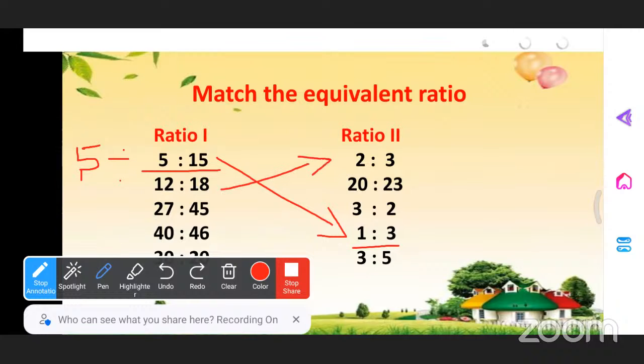Yes, okay. So here also we divide by a table. Which table can you take? 12 to 18, ma'am, by the 4 table? Okay, Kanna, you can take the 4 table.